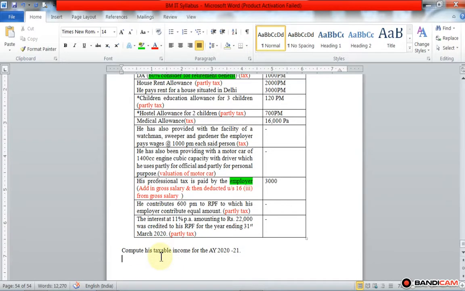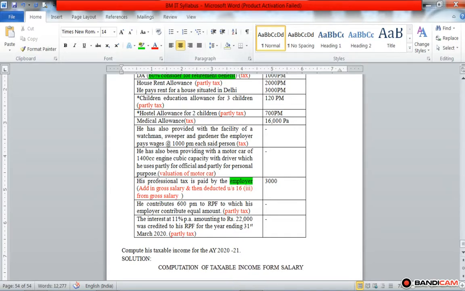Here is the solution: computation of taxable income from salary.